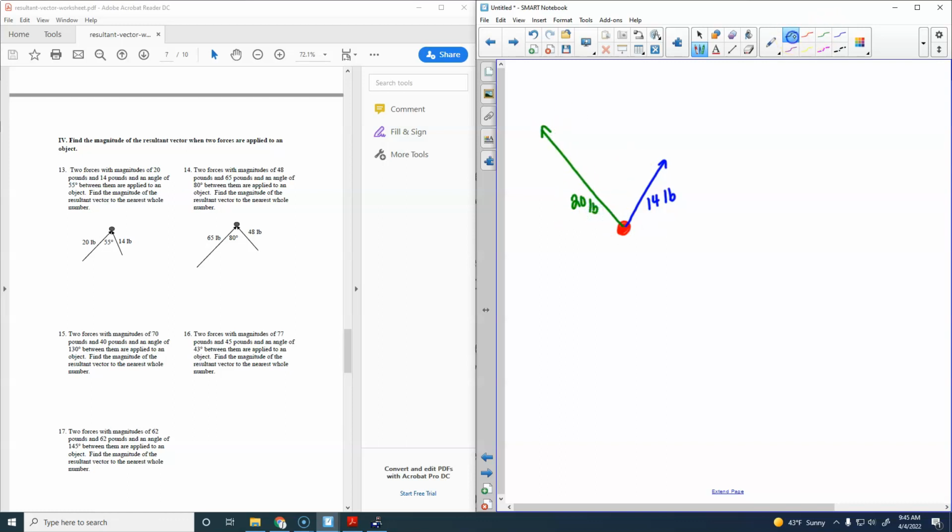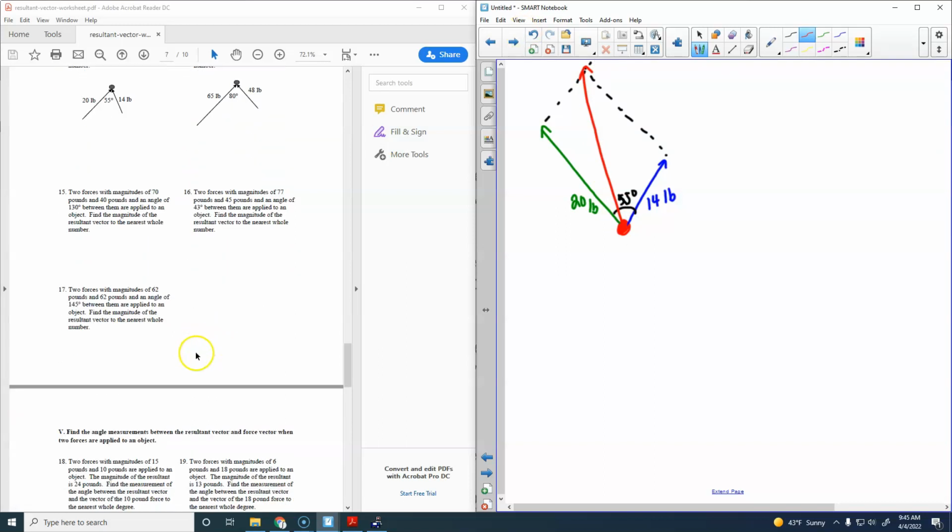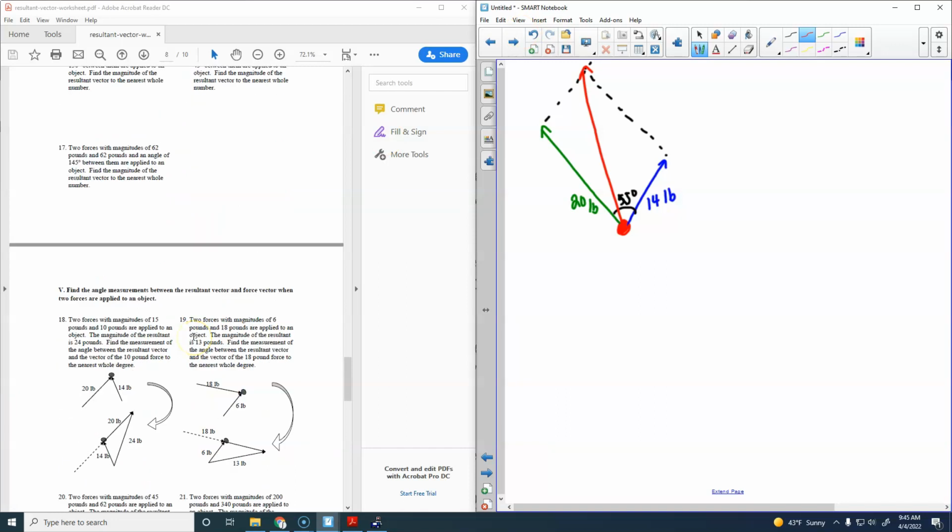And then I would put that angle right there between them at 55 degrees. So I would draw them so that they're already set up for making your parallelogram. Your resultant is here. That's number 13, but we're going to do 15 and 16 because they don't have the pictures drawn for them.